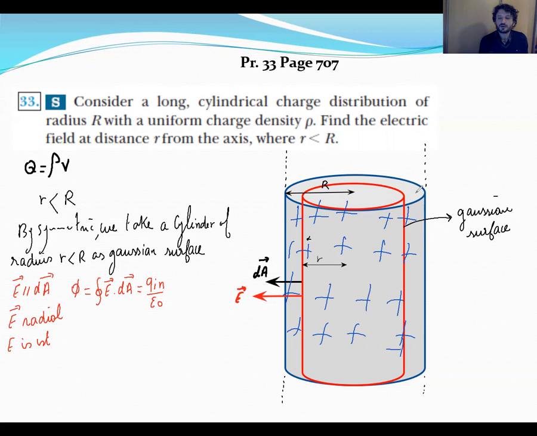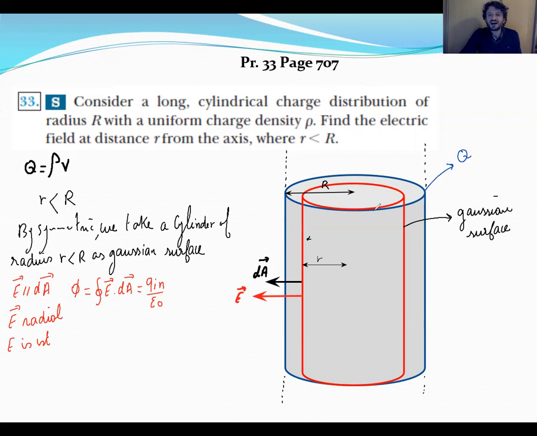So we can say the total charge Q, and Qn is located inside the Gaussian surface, okay?